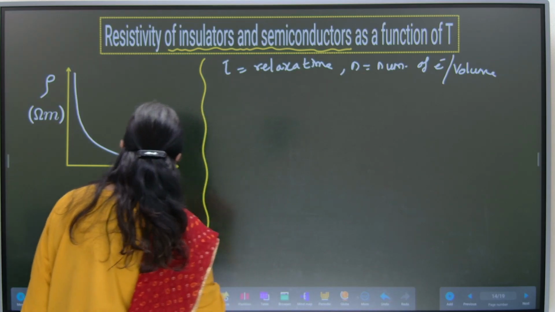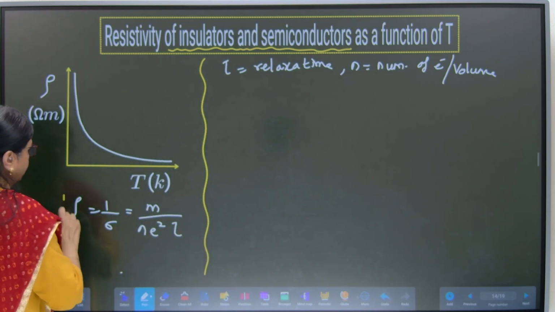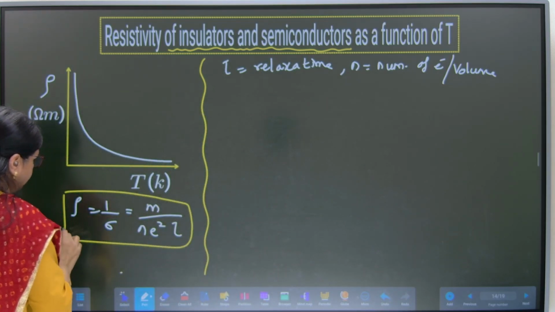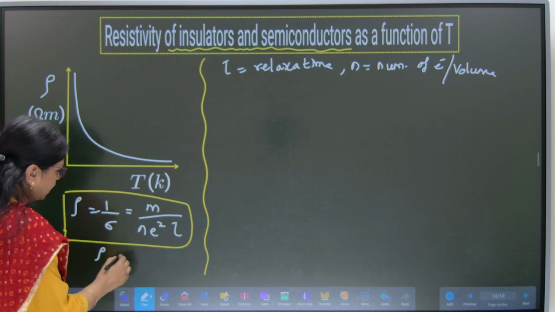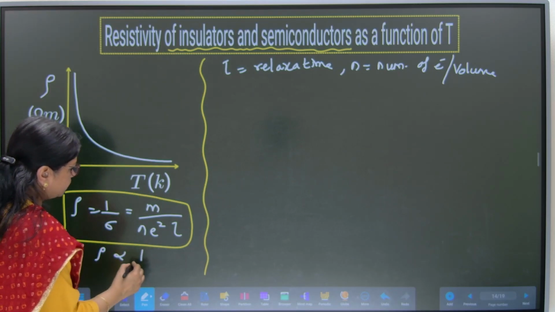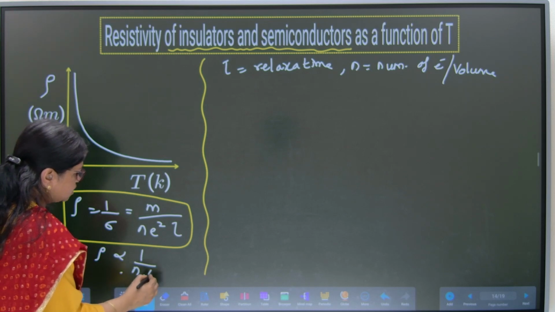Fine. Now using this formula, we can say rho is inversely proportional to both n and tau.